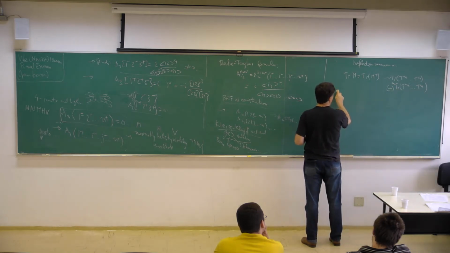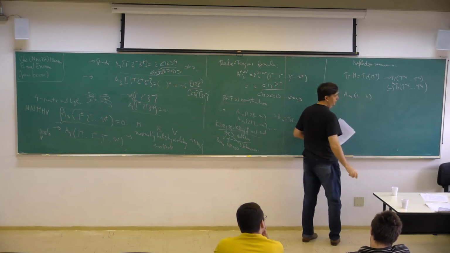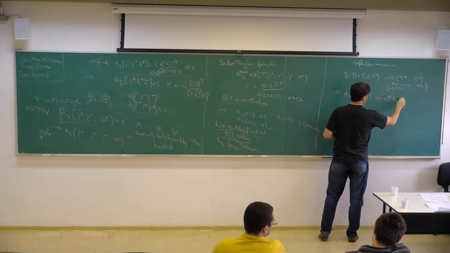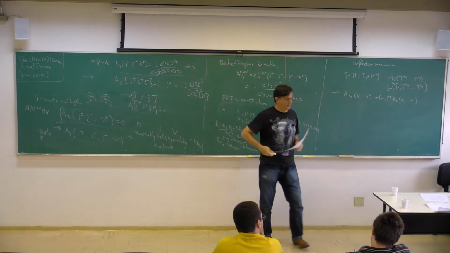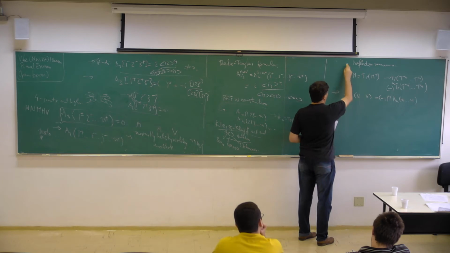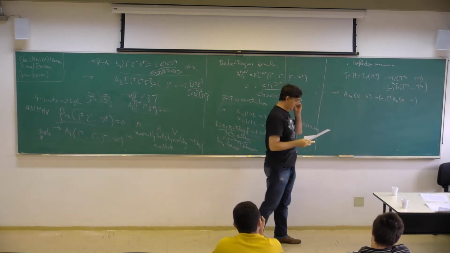But that means that A_n(1 to n) is equal to (-1)^n A_n(n to 1). Okay, so that's one relation between these things.